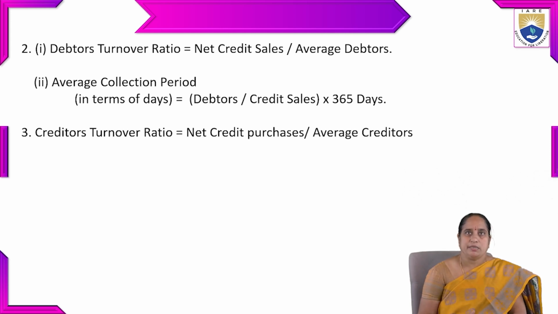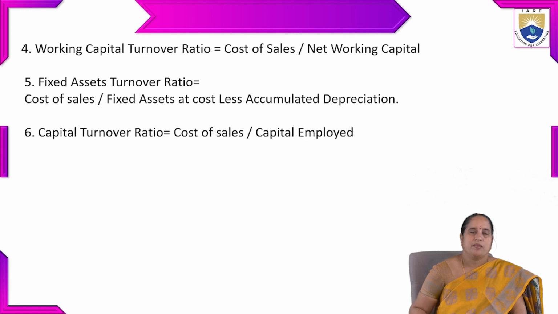So that can be derived with the formula debtors divided by credit sales into 365 days. Then creditors turnover ratio is equal to net credit purchases divided by average creditors.